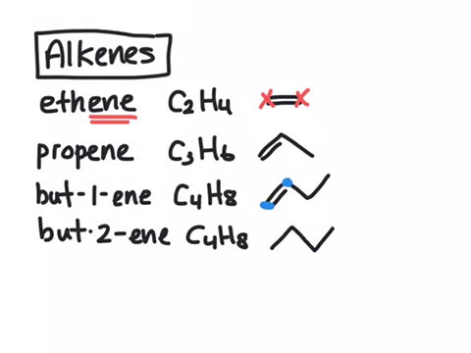However, my double bond would be between the second and the third carbons in my chain. As you increase the length of the carbon chain, you increase the possible places that double bond could go. And so it's not quite as simple as drawing an alkane. However, you're always going to be indicating where in the chain the double bond is.